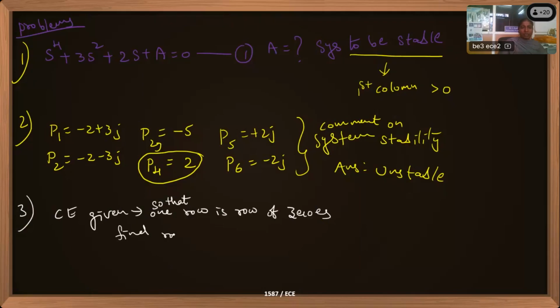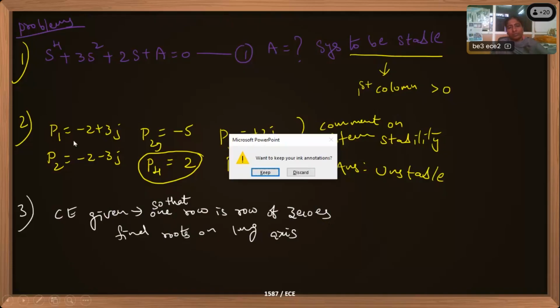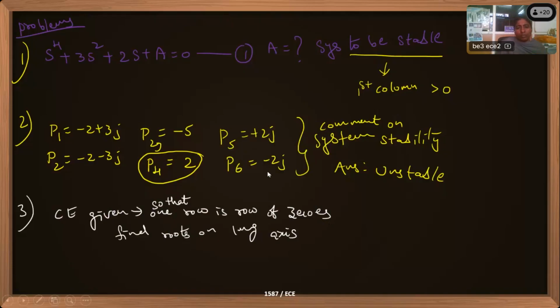There you should be able to form the auxiliary equation from the row previous to the row of zeros and find its roots; those become the roots on the imaginary axis. So this is about the RH table. I think I have covered all possible questions on the RH table.